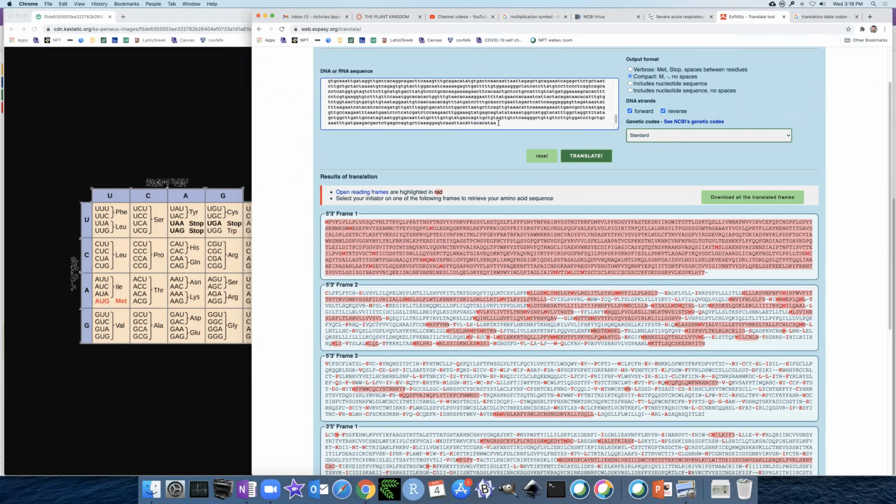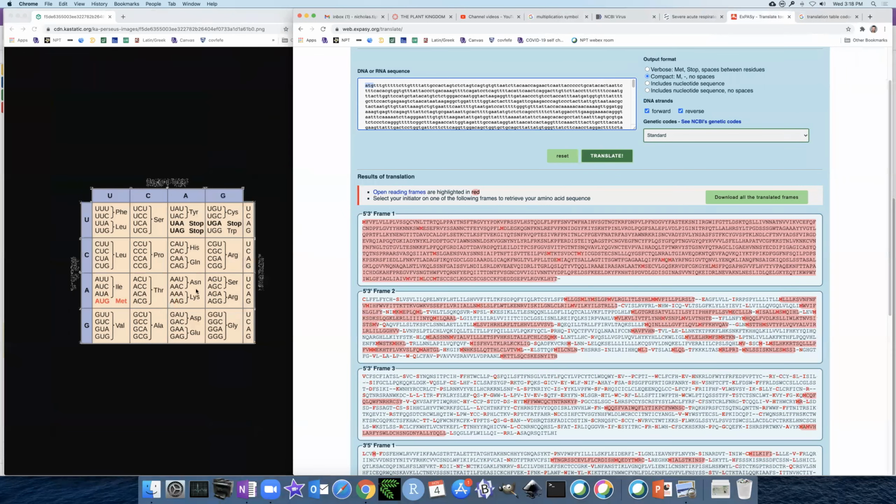All right, so we find MFVF. So ATG is AUG, that's our start methionine. Next up, shoot, TTT, or becomes UUU, that's phenylalanine.